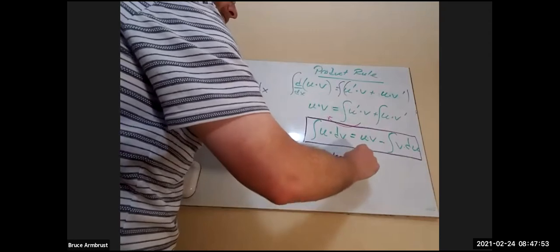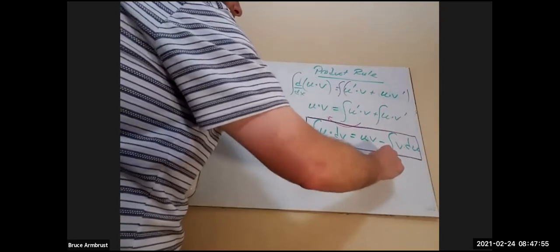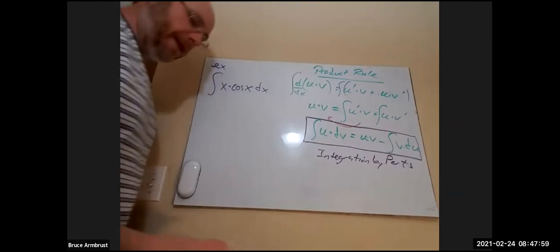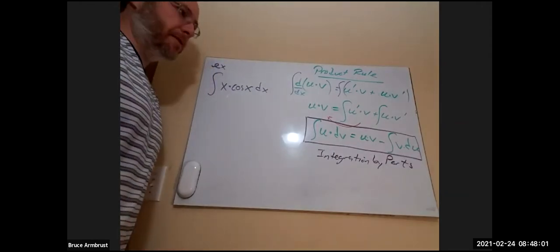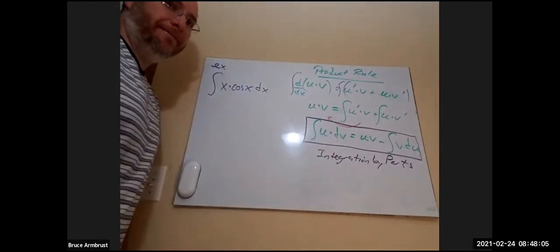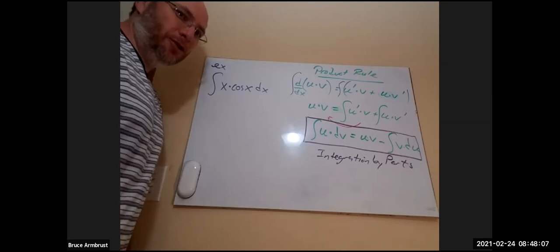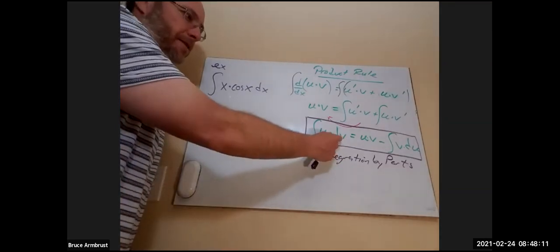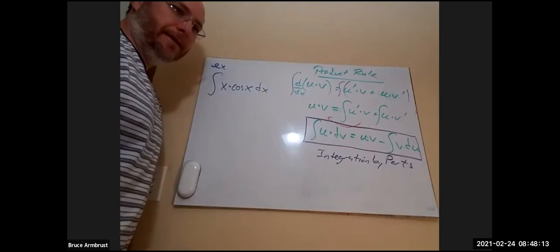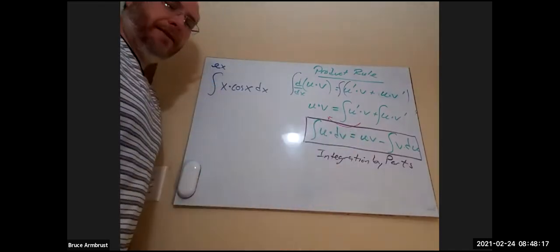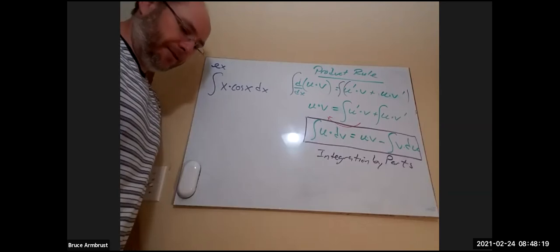And this is the formula for what we call integration by parts. It gets that name because what we're going to do is split the integral into two pieces, the two parts. One part we're going to call u, the other part we're going to call dv. And then we're going to use this formula to find the integral.